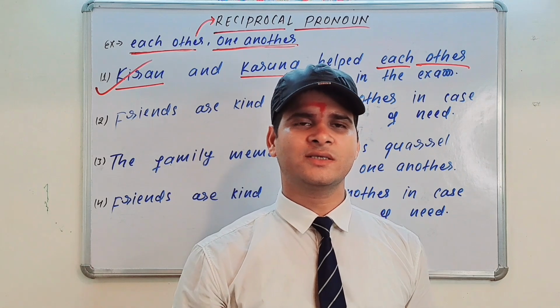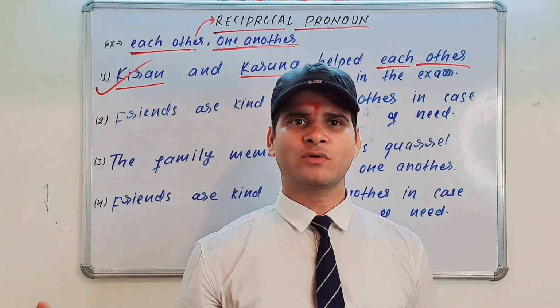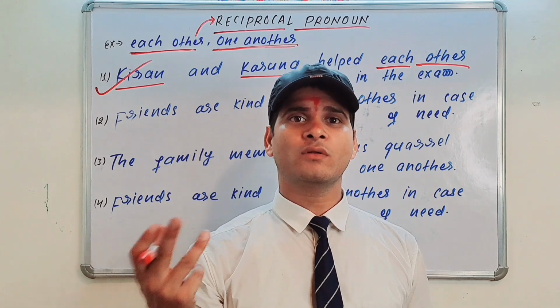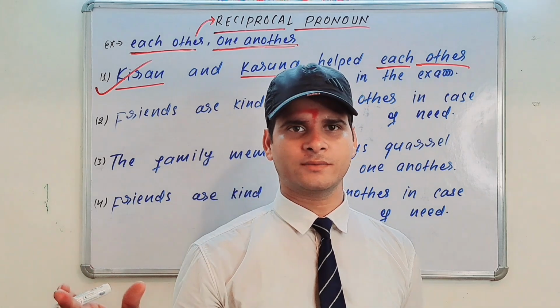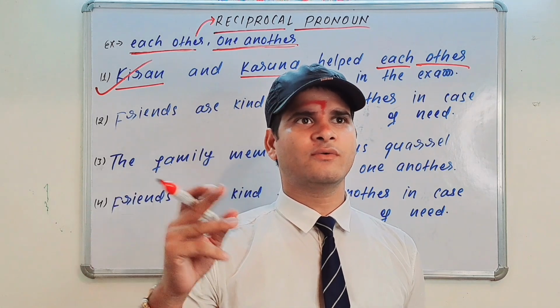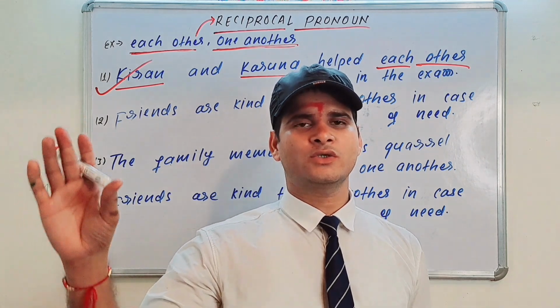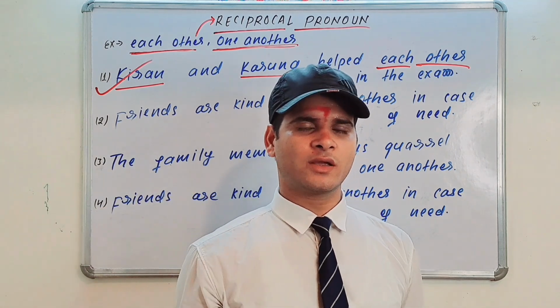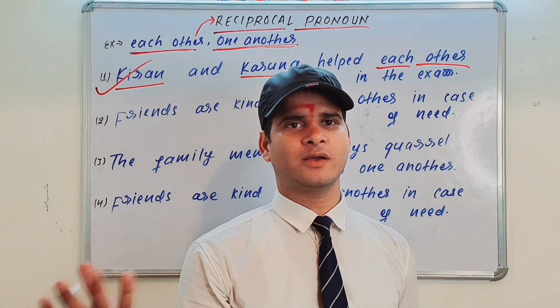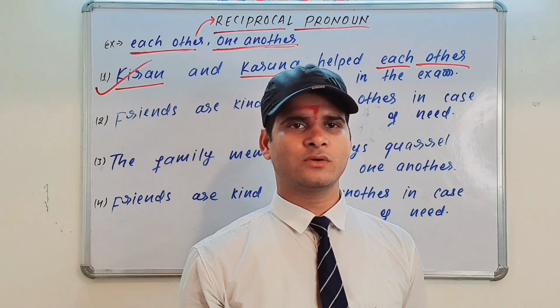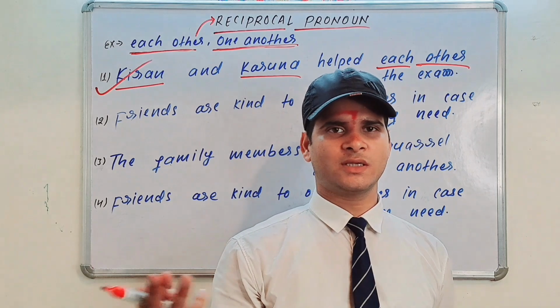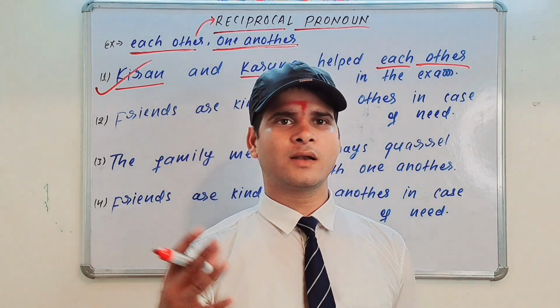Because just as I told you, when we say friends, friends is a plural noun. And what is plural noun? In plural noun, the number will be more than one, 2, 3, 4, 5, and so on. So there are only two numbers in English grammar, singular and plural.